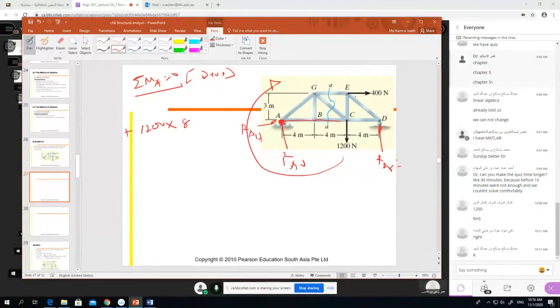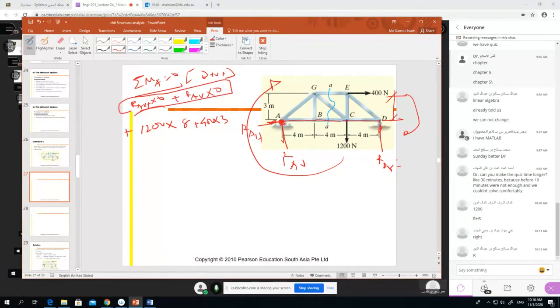Then we have 400 into the distance, 3 meters. This is also rotating anti-clockwise. Then RAH into 0, because the RAH distance is 0, plus RAV also distance 0, right? So actually this should not be in our consideration.